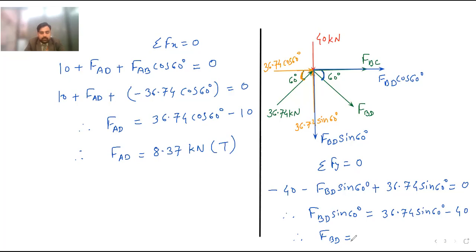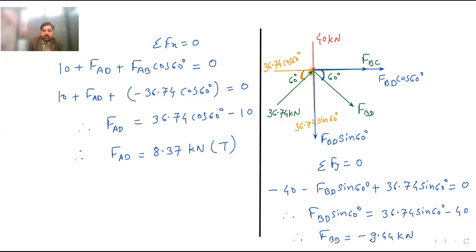What is FBD? 9.44, minus 9.44 kilonewton.